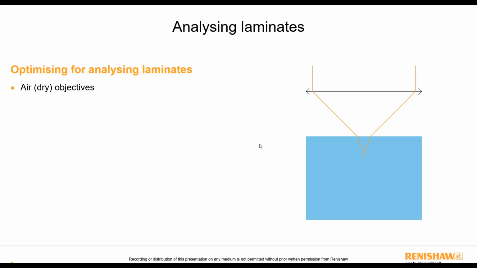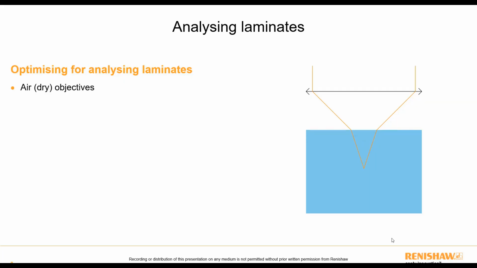Of course, if we're using an air objective, we have between the objective and the sample just the air itself. And of course, that means we have the refractive index to consider, where the light is refracted at the interface with the sample, and that means it's refracted down into the sample deeper than it would otherwise be.